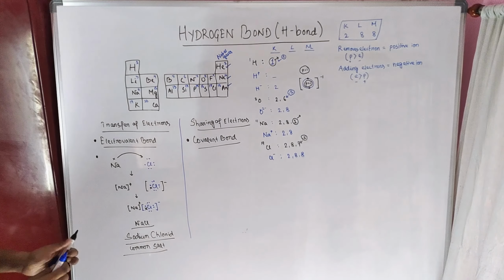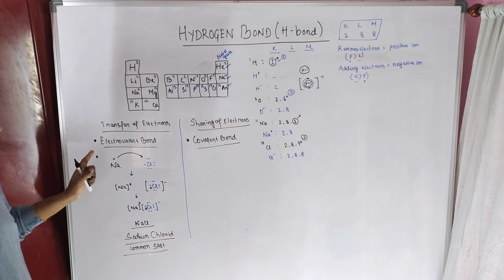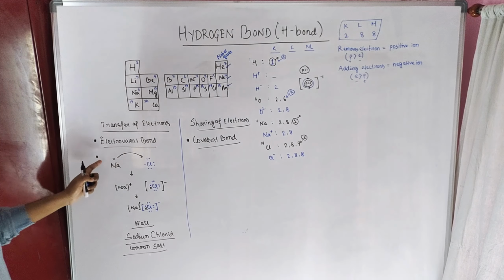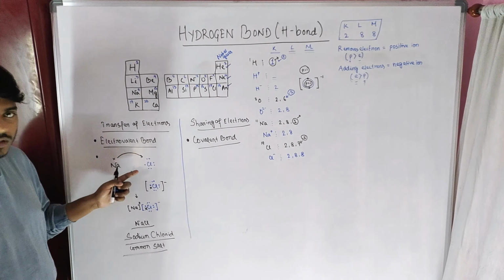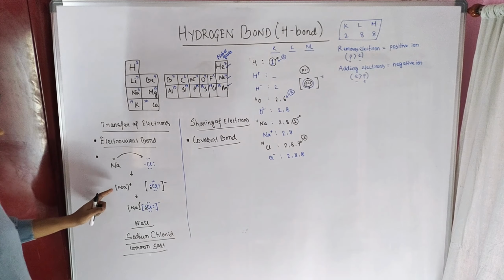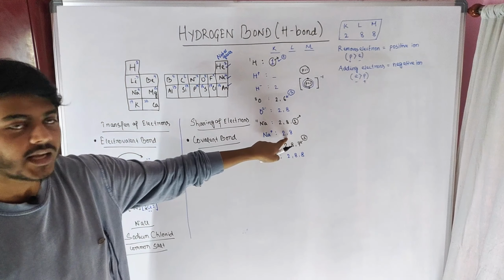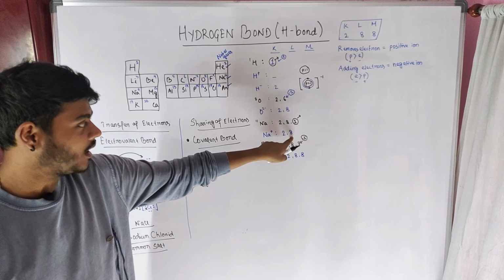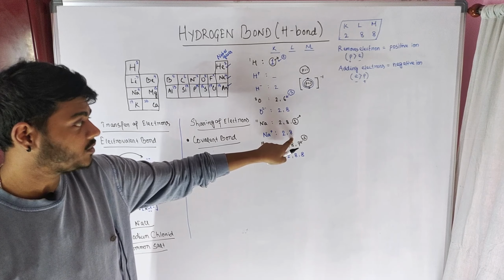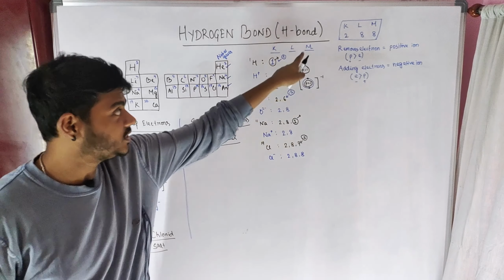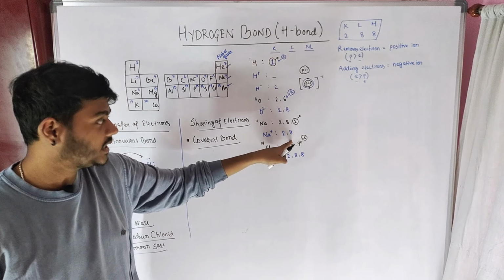Okay, so after transferring one electron to chlorine, sodium is achieving a stable configuration, a noble gas configuration with a completely filled outermost shell. Completely filled outermost shell doesn't mean the M shell, the third shell, but actually the L shell.